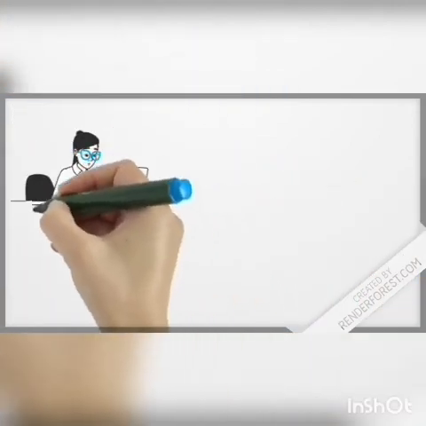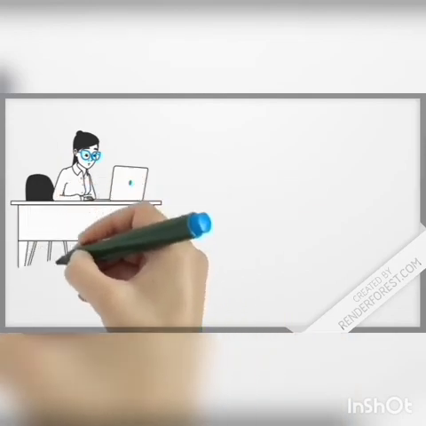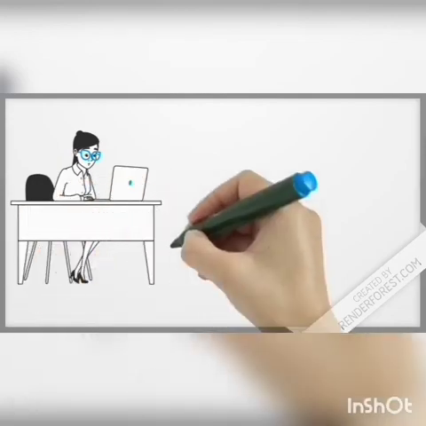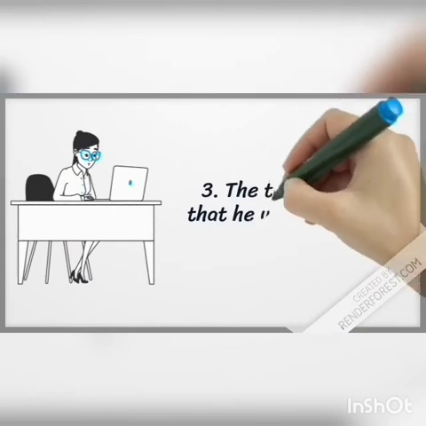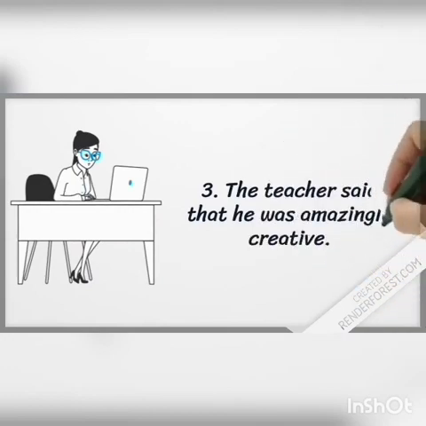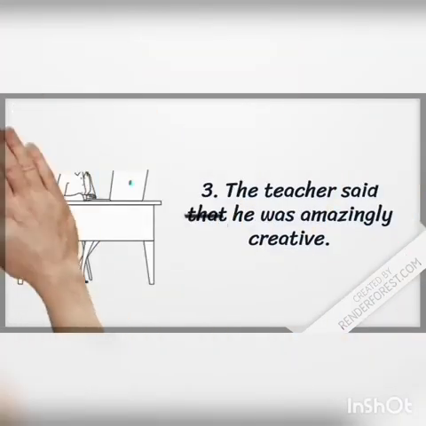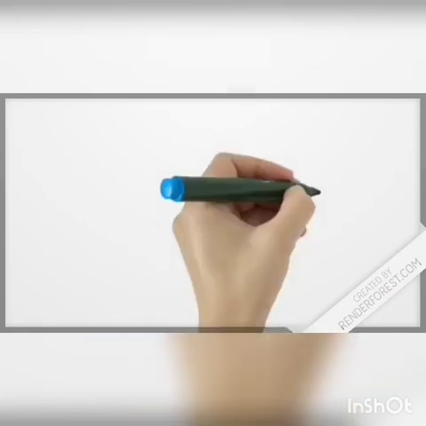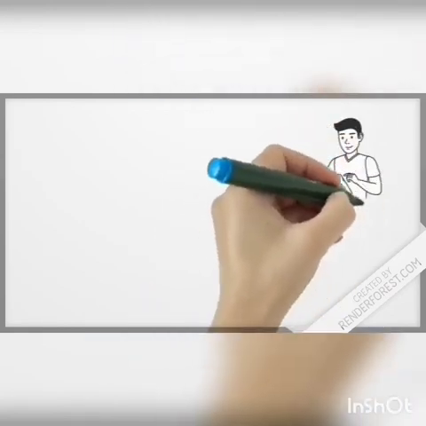The third one says: the teacher said that he was amazingly creative. So that is the subordinating conjunction here.